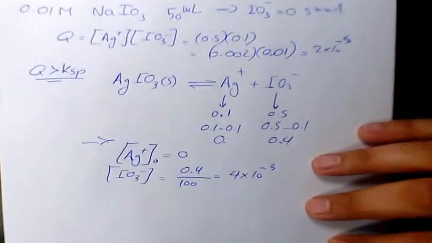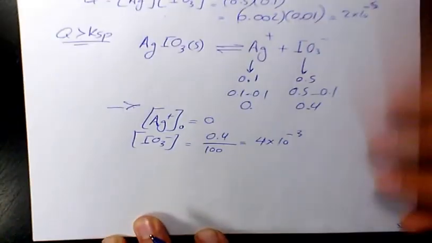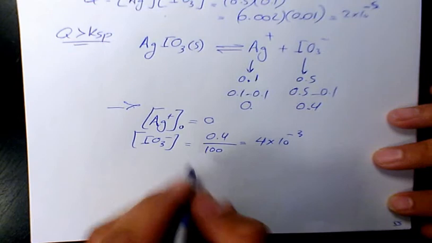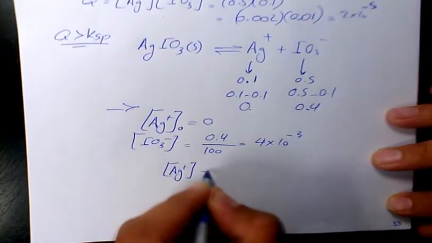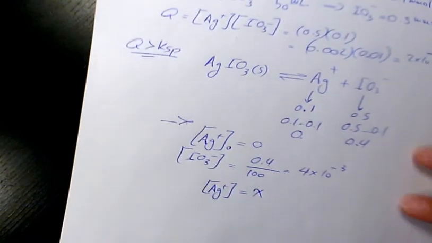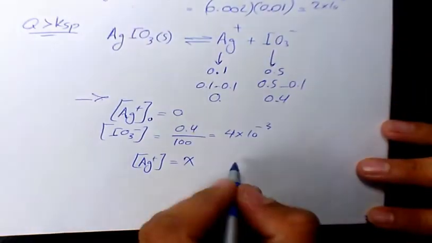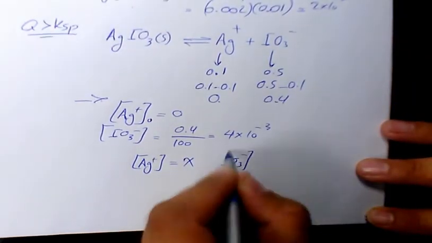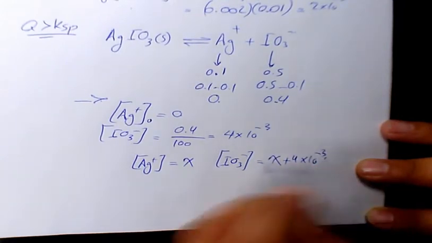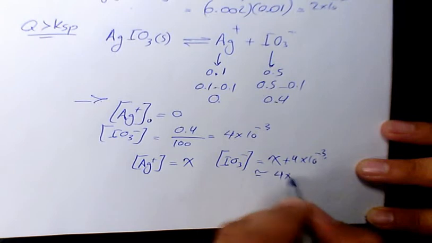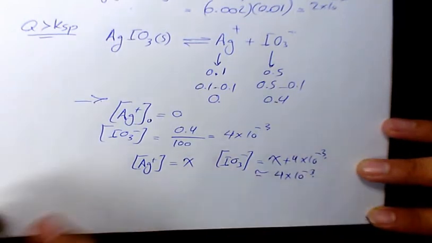So when you have the ICE table, the equilibrium concentration for Ag will be x plus 0, which is x. For iodate, that will be x plus 4 times 10 to the power of negative 3, which is approximately 4 times 10 to the power of negative 3.